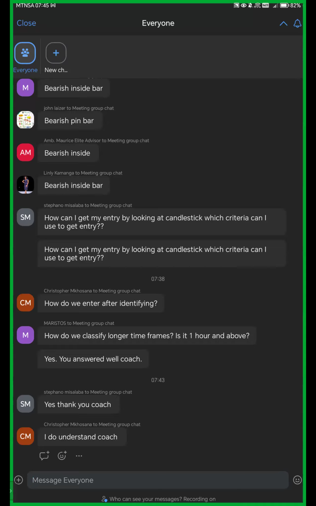Some would say 1 hour, but I don't classify 1 hour as a longer time frame, because there is noise in the 1 hour session. I normally count from 4 hours going up. That's how I classify my longer time frame.